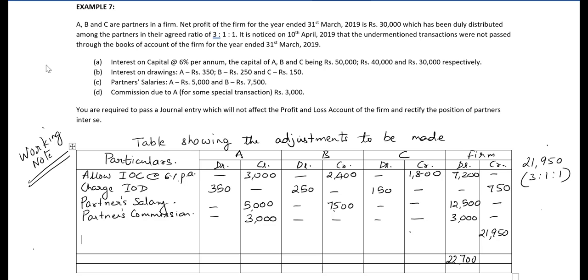So on dividing by 5, we get 4,390, and for A it's 4,390 into 3, which is 13,170 rupees.